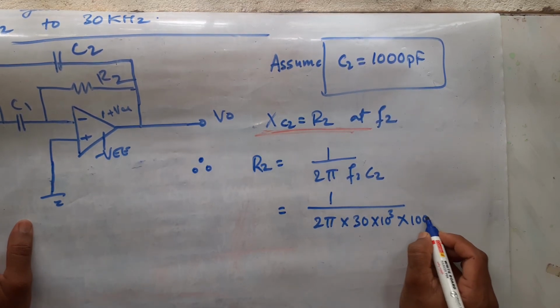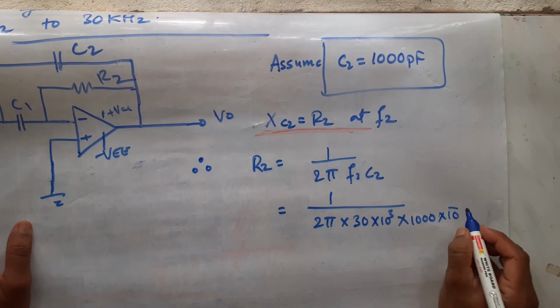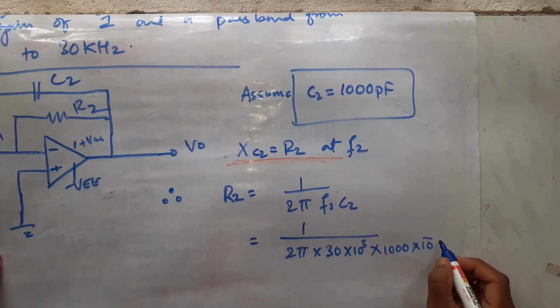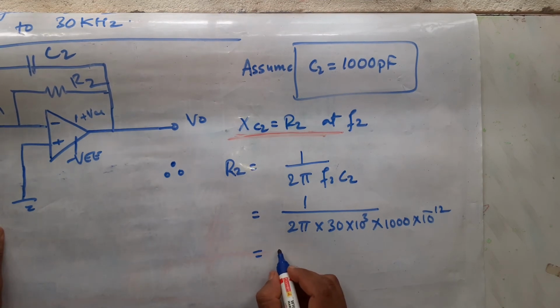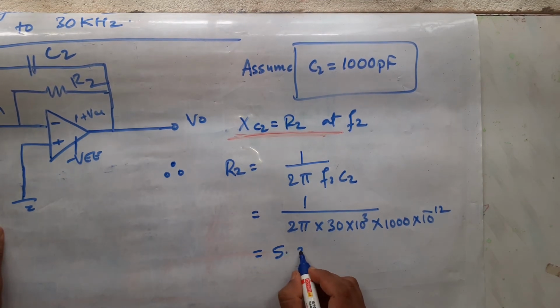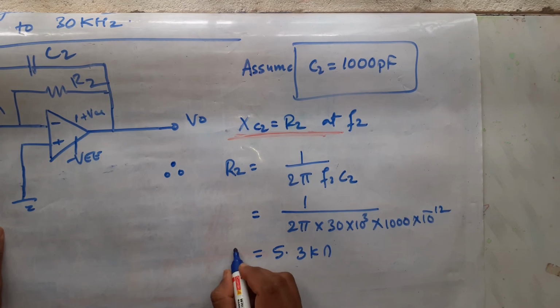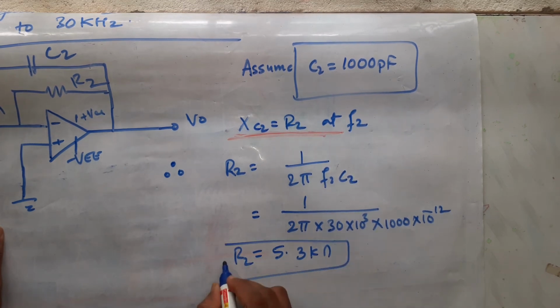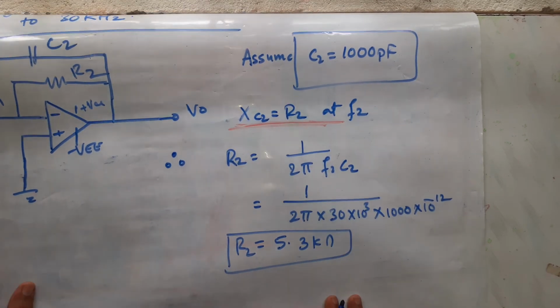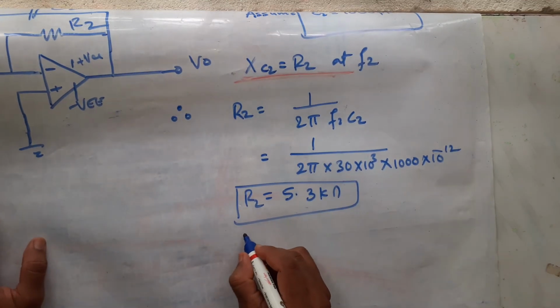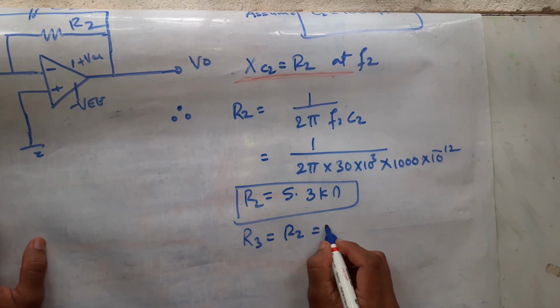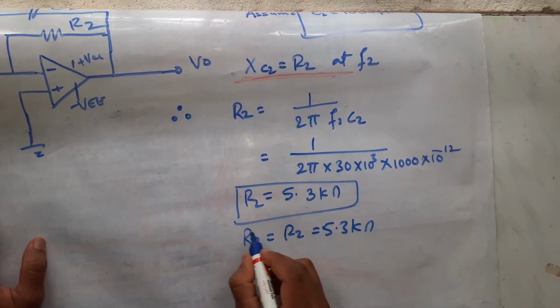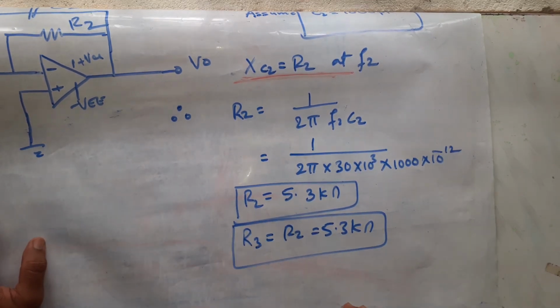C2 we have assumed 1000 pico. Pico means 10 raised to minus 12, right? Therefore, R2 you will be getting around 5.3 kilo ohm. And R3 equal to R2 equal to 5.3 kilo ohm, because we want the gain to be equal to 1.